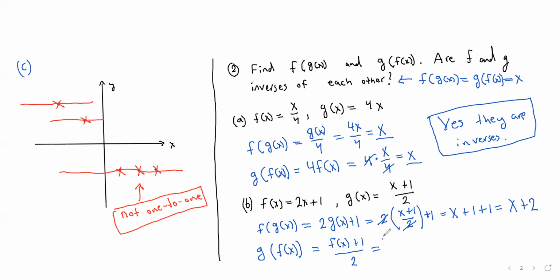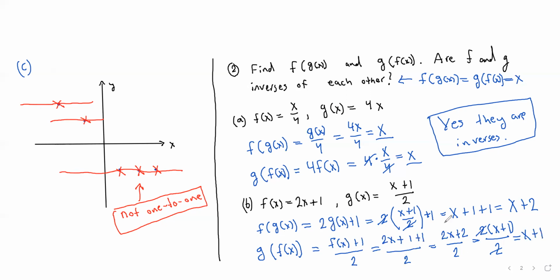So this becomes (2x plus 1 plus 1) over 2, and 2x plus 1 plus 1 is 2x plus 2. So this is (2x plus 2) over 2. From the 2x plus 2, we can factor out a 2, so we get 2 times (x plus 1) over 2. The 2 on the top and bottom of the fraction cancel, so we just have x plus 1.